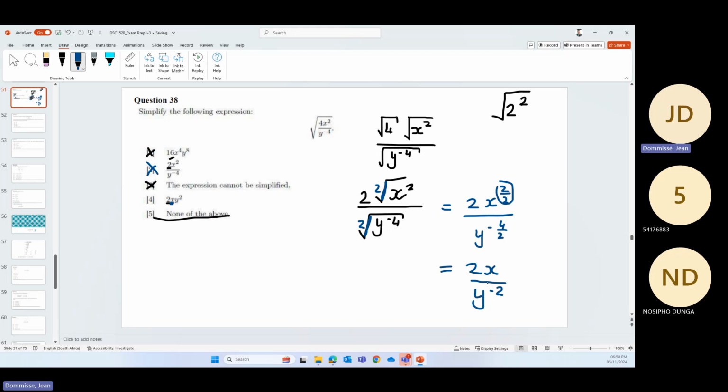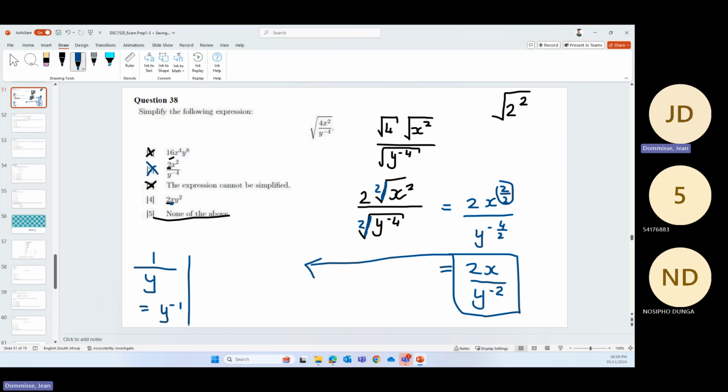Okay, so one thing that we also need to remember, from nearly that first study unit, is that if we have 1 over y, we could write it as y to the power of negative 1.